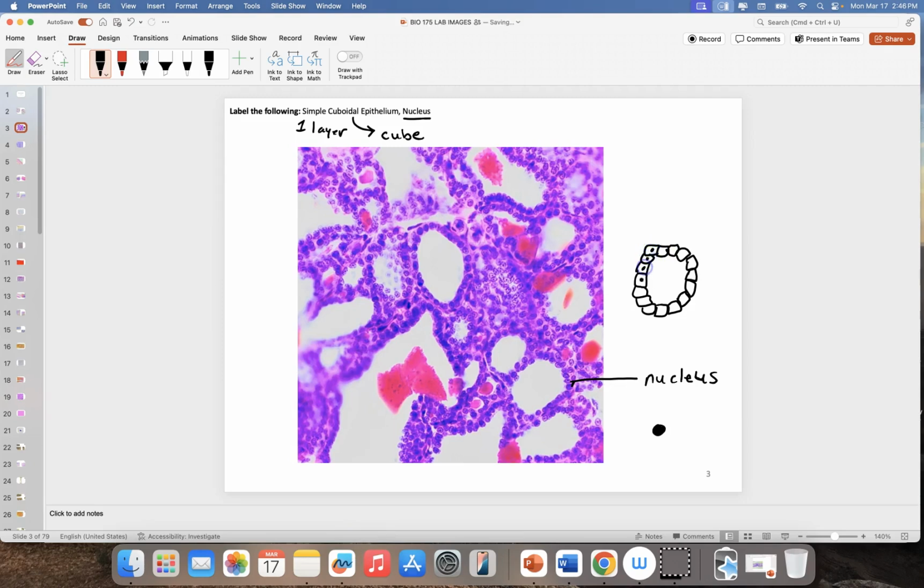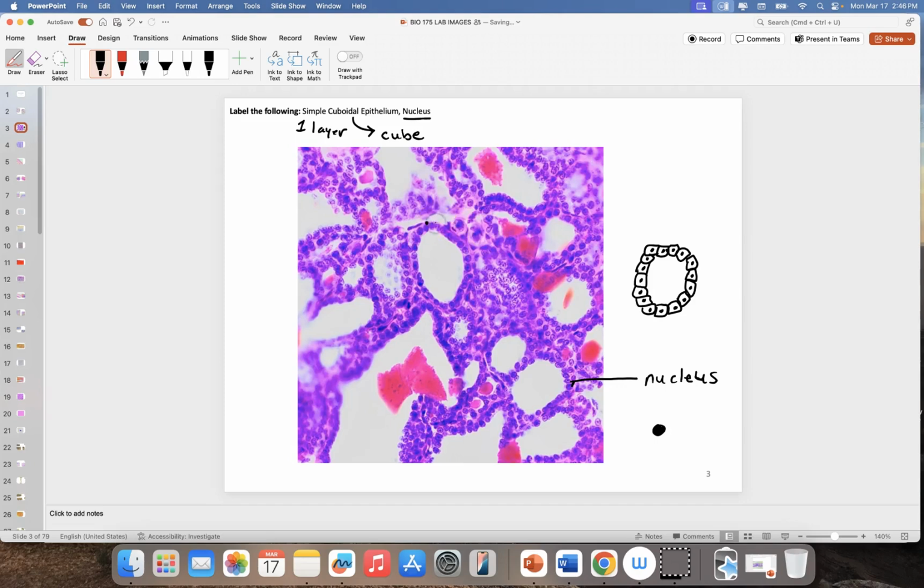I'll just draw my nuclei into my simple cuboidal epithelial cells that I have drawn over here. But what I'm just trying to represent to you is one of these thyroid structures. So one of these circular structures, and again, it's going to be made up of a single layer of cube-like cells.